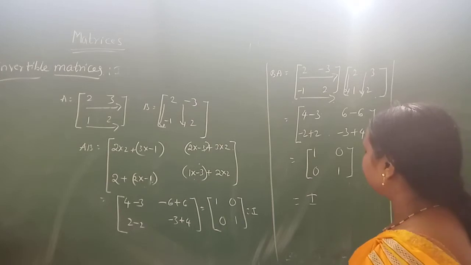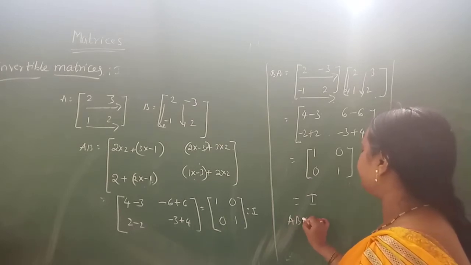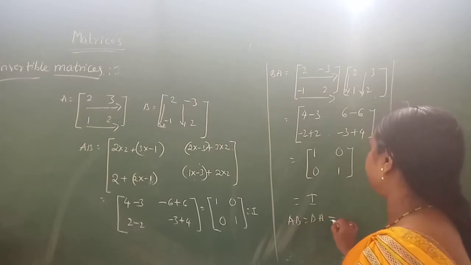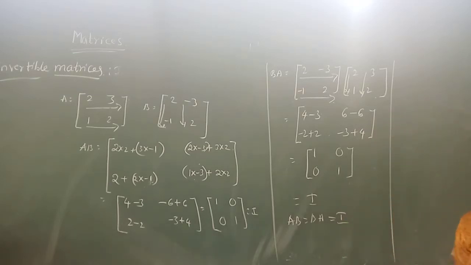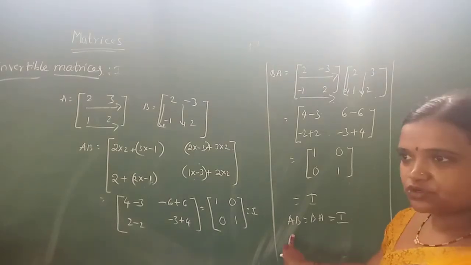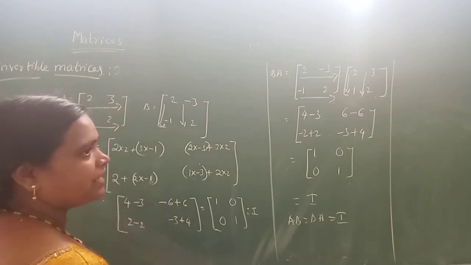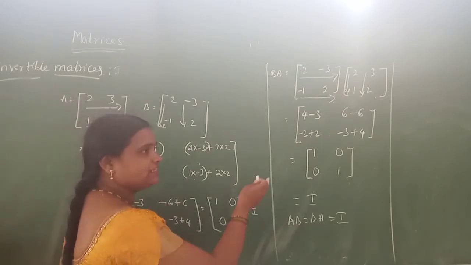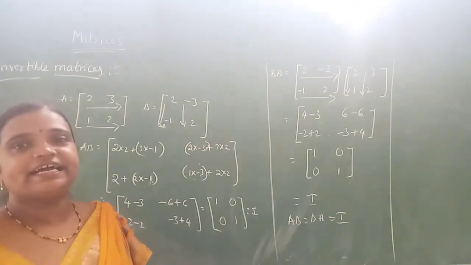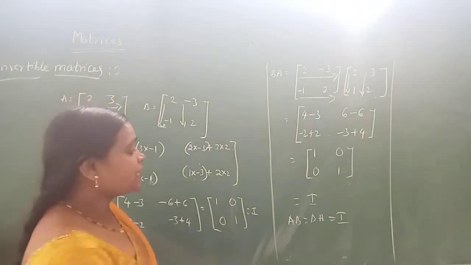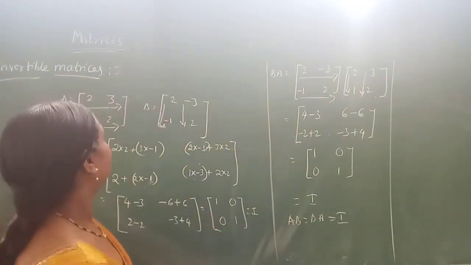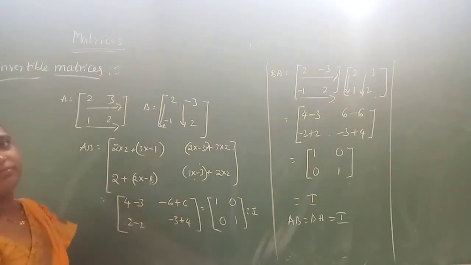Here, for both AB and BA, we get the identity matrix. If this condition holds good, that is, we take two matrices and multiply and we get identity, and reversing it, again we get identity, such matrices we call invertible matrices.